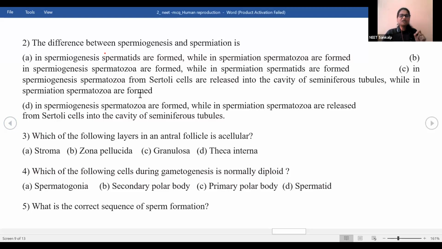Option C, in spermiogenesis, spermatozoa are formed, while in spermiation, spermatozoa are released from Sertoli cells into the cavity of seminiferous tubules.